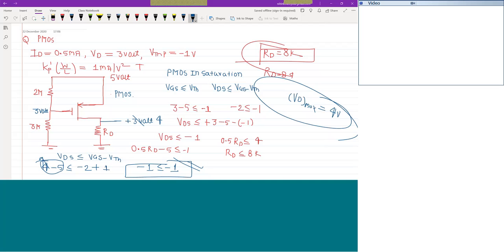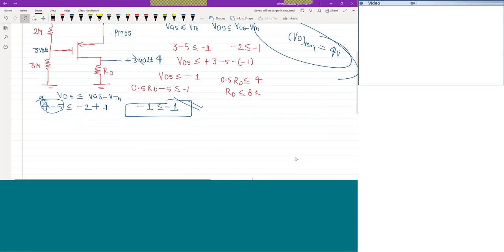What is the meaning of forward active region? We are talking about this being equivalent to the forward active region. How does it work?